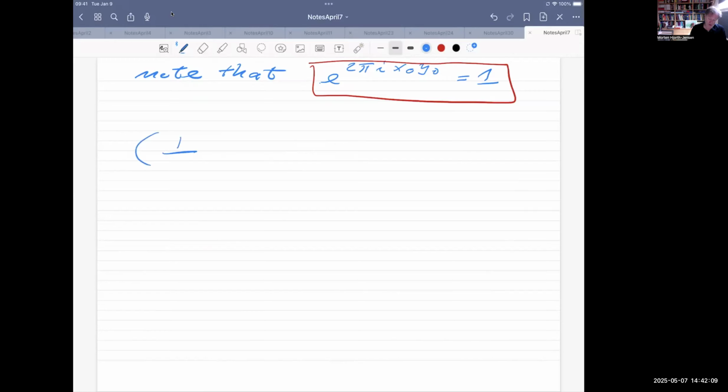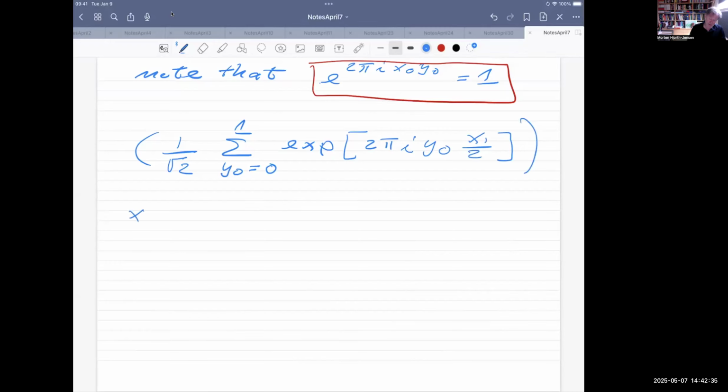We would have 1 over square root of 2, and then a sum over y0 equal to 0 to 1. And then I have my exponential, which now, since one of the terms just gives us 1, we can just leave it out. So we have y0 times x1 divided by 2 here.